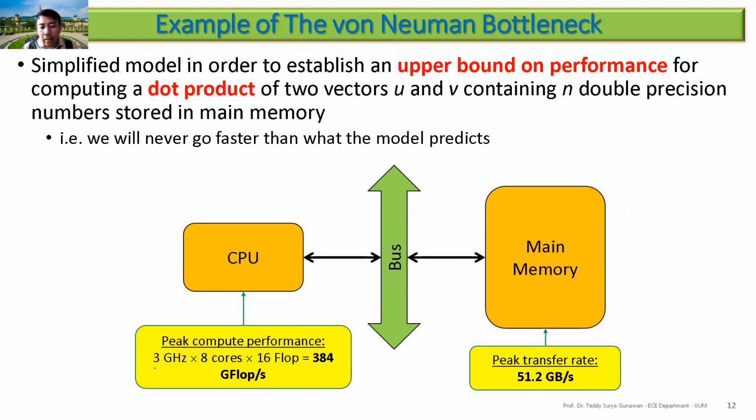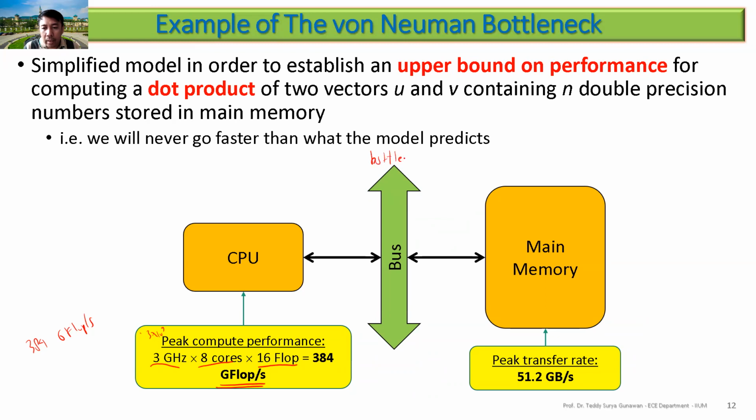Here we have a 3 gigahertz computer with 8 cores, and one core can do 16 floating point operations per cycle. Multiplying 3 times 10 to the power of 9, by 8, by 16, you get 384 gigaflops. So the peak compute performance is 384 giga floating point operations per second. But remember that this will be the bottleneck.